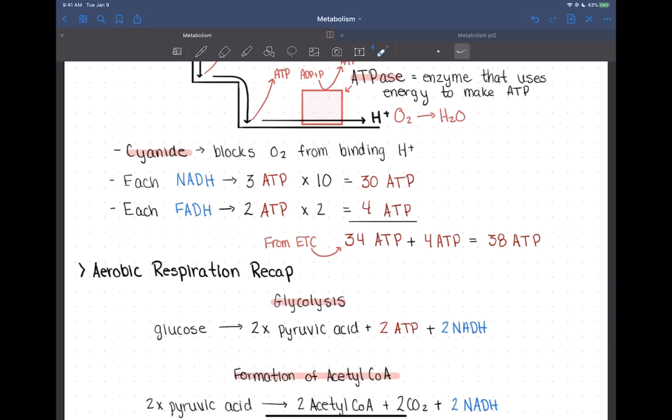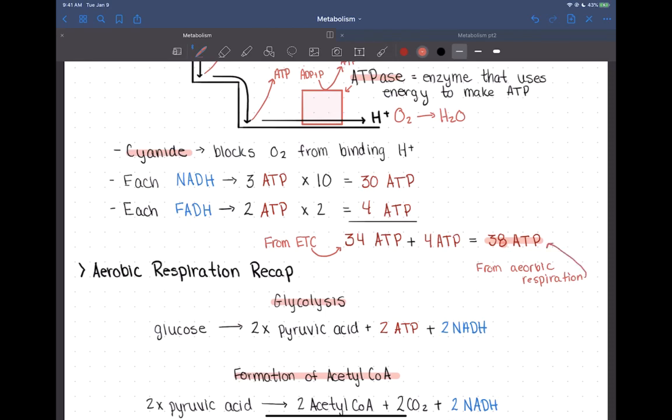Then remember, we also made 4 ATP in our previous steps, so we can add that to our final total and get 38. So we get 38 total from aerobic respiration. That's our total for the whole process.